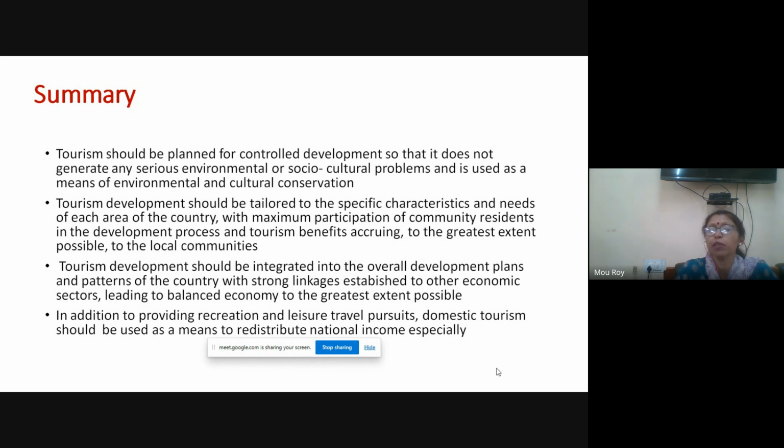So tourism development should be integrated into the overall development plans and patterns of the country with strong linkages established to other economic sectors, leading to balanced economies to the greatest extent possible. And in addition to that, providing recreation facilities, leisure travel pursuits, domestic tourism should be used as a means to redistribute national income, especially.